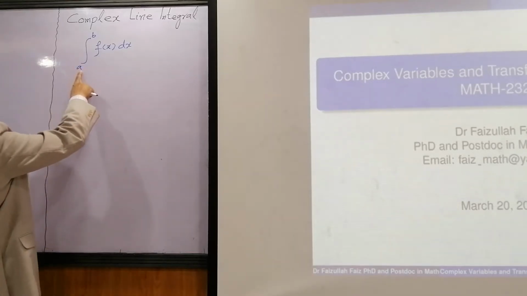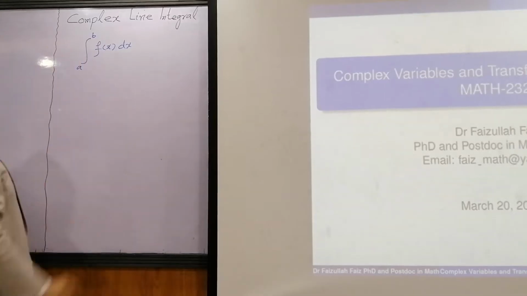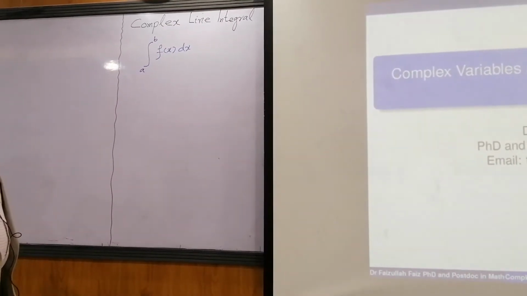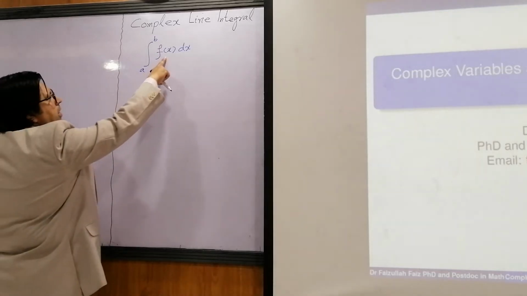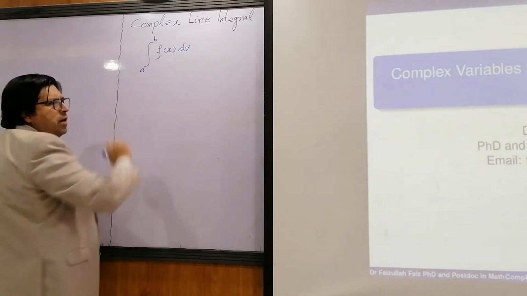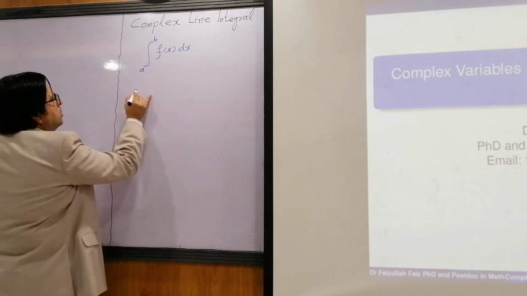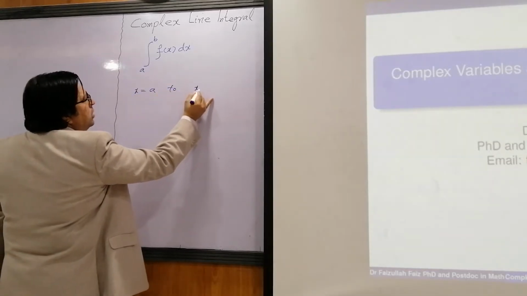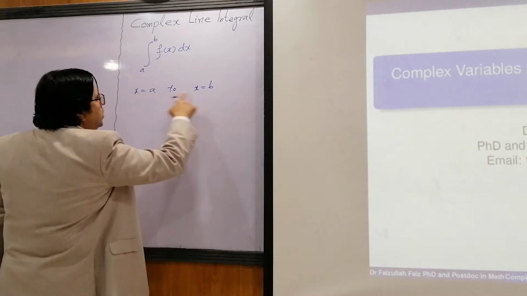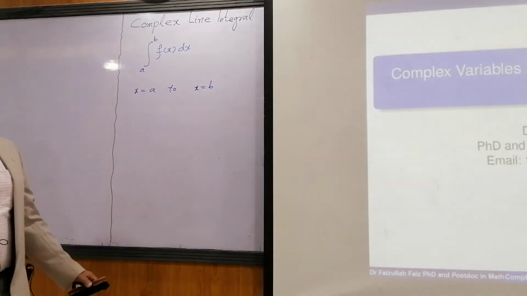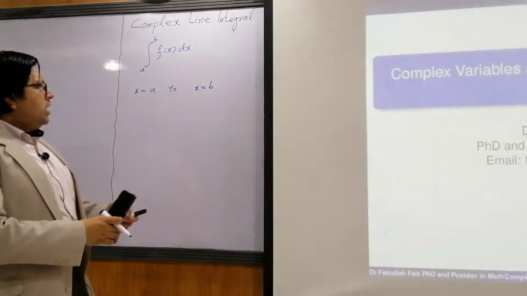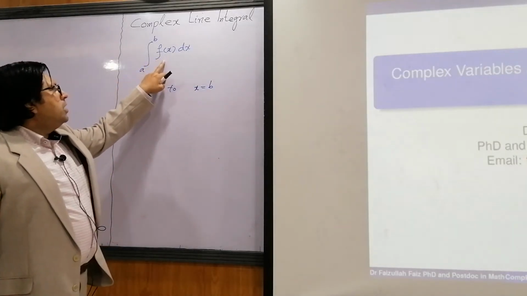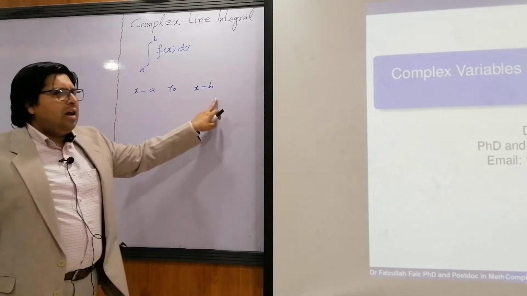Here a is a real number, b is a real number, and it means that we are integrating the function f of x from the point x equal to a to another point x equal to b, which is actually the real line. So in real integration, we are integrating this function along the fixed real line.